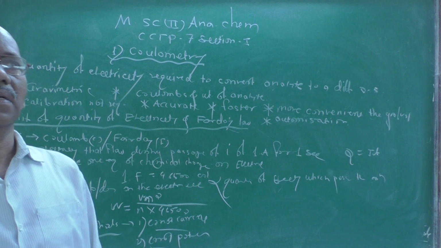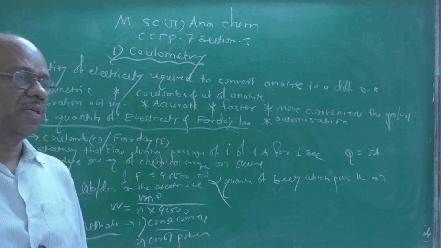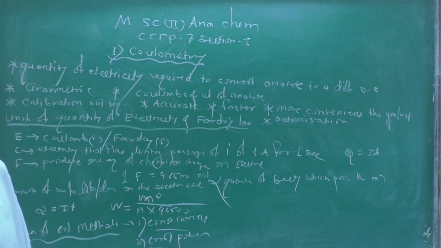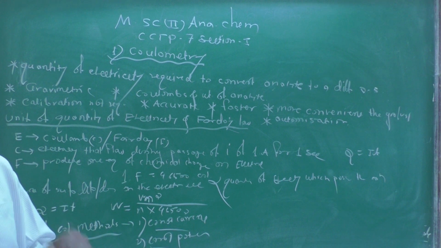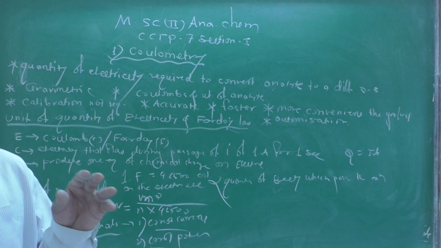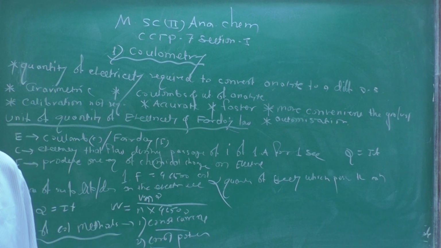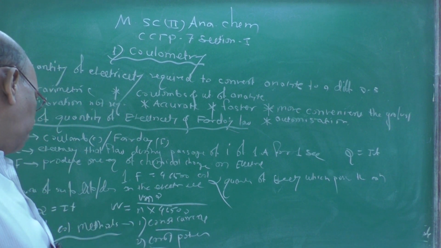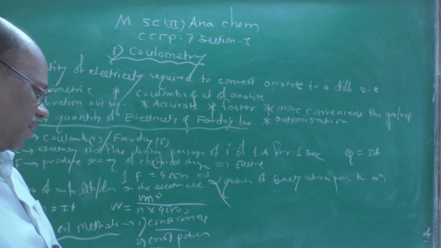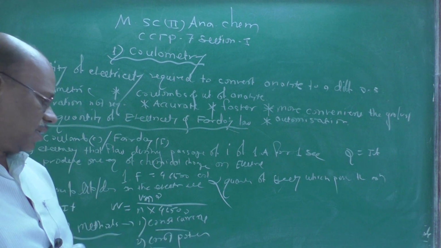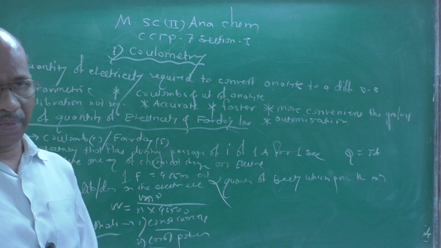Second method is the coulometric method in which the current is kept constant and the potential is varied. So these are the two types of coulometric method: constant current method and constant potential method.